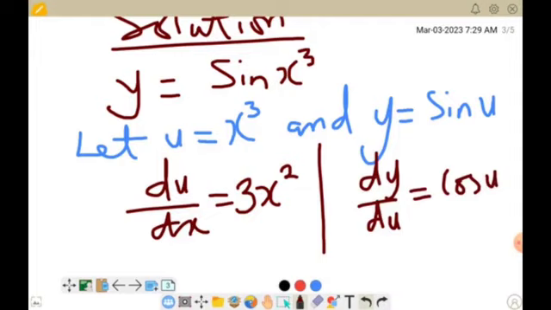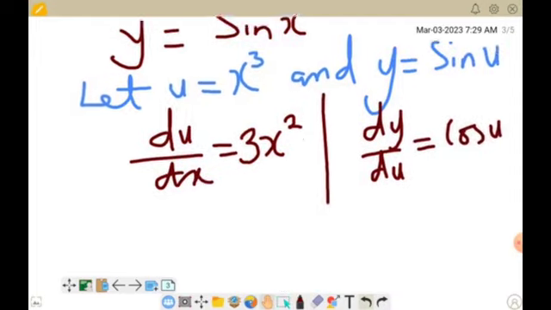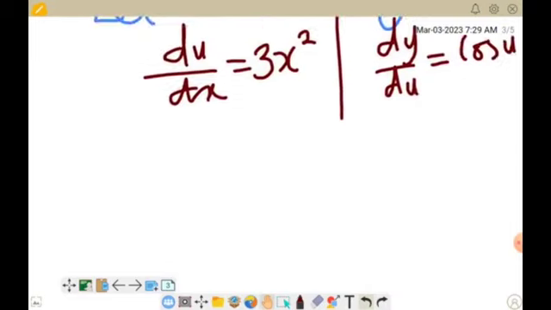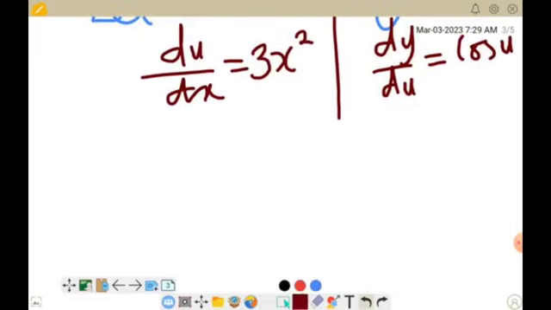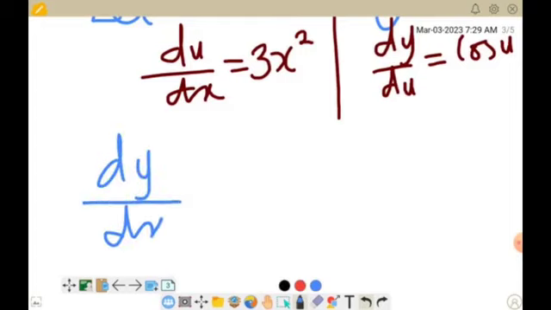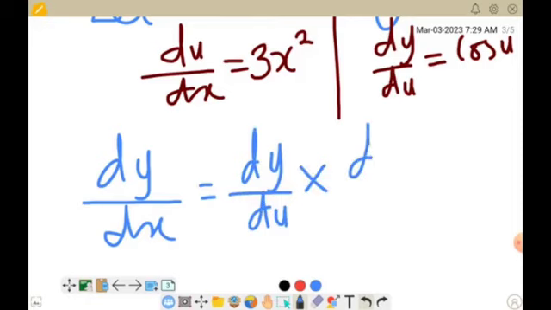Alright, now we move on to the formula. Can you remind me of the formula again? I know you know it is simply dy/dx equals what? We have the dy/du, just write the dy/du, multiplied by the du/dx.